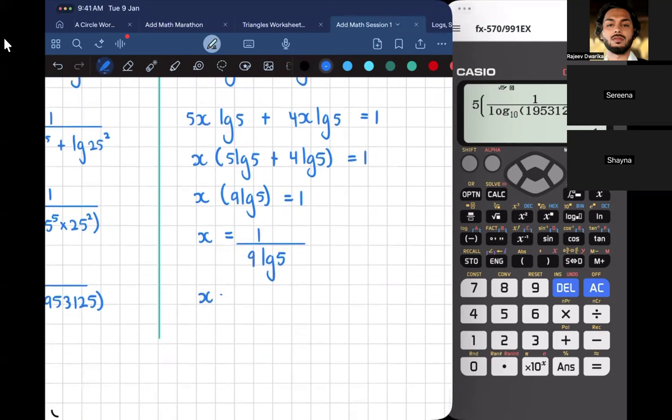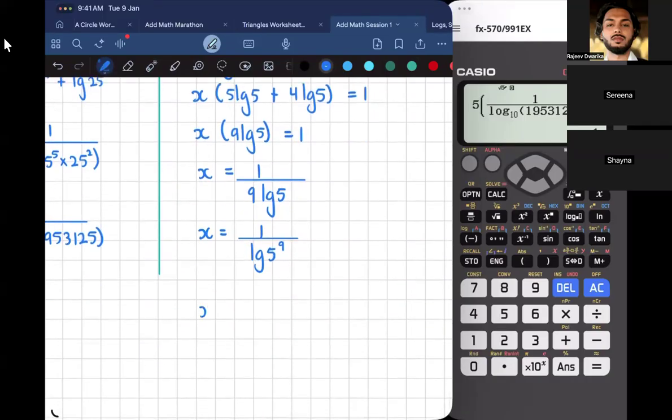And what do you guys think the last step is? You could simplify it. And what do you all think 5 to the power 9 would be?